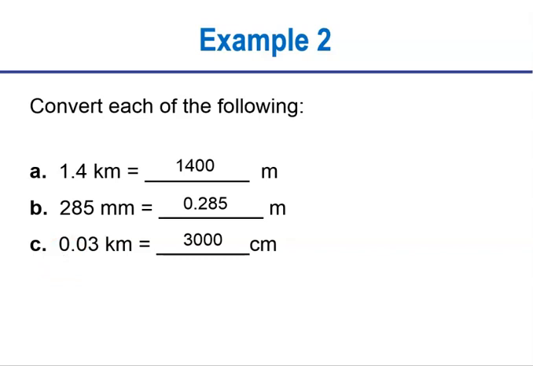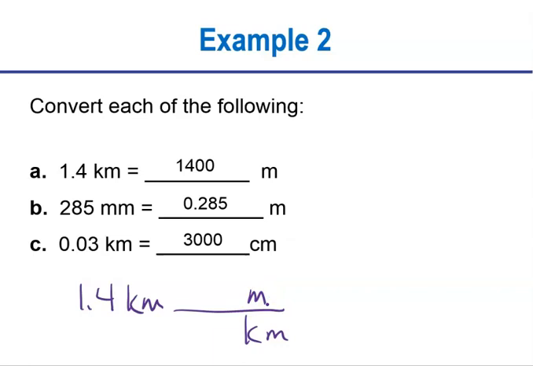So I'm going to say 1.4 kilometers. Okay. Now, what I'm trying to do is get rid of kilometers, so I know it goes on the bottom. Remember, that's the trick for dimensional analysis. Now, meters needs to go on top or whatever I'm changing it to. Now, sometimes you want to change to the base, and then, like, if this was kilometers to centimeters, you might want to change to the base and then do the conversion from the base to the centimeters, but this went to just basic meters.